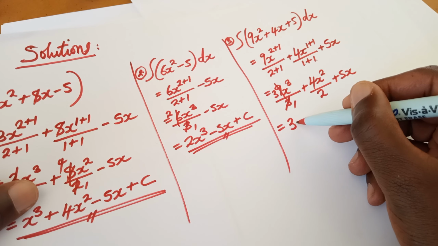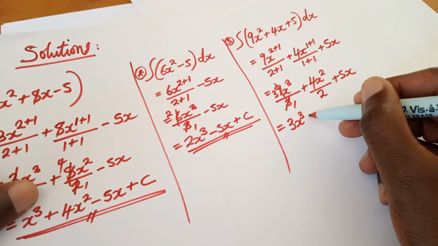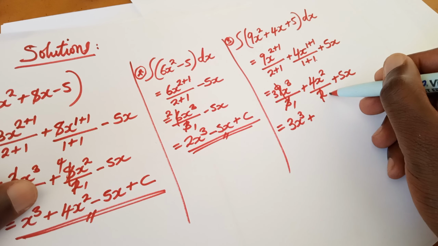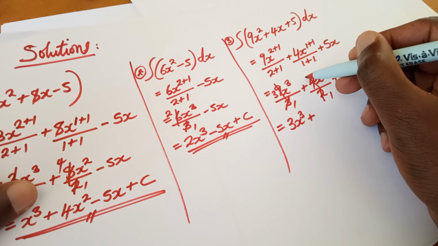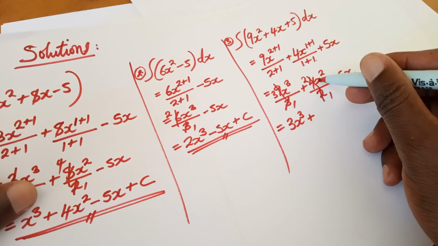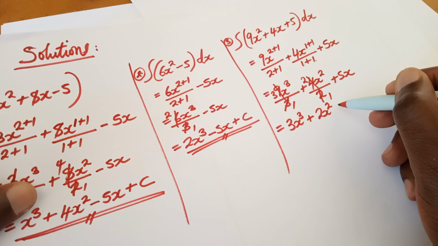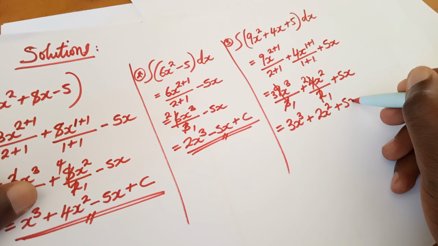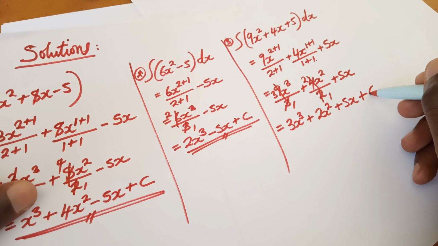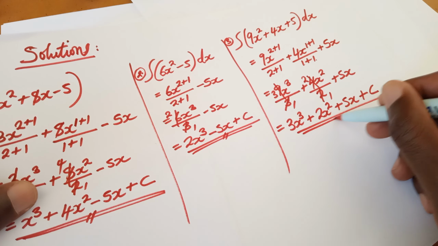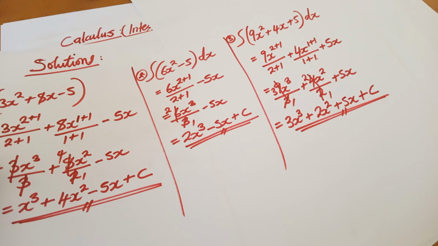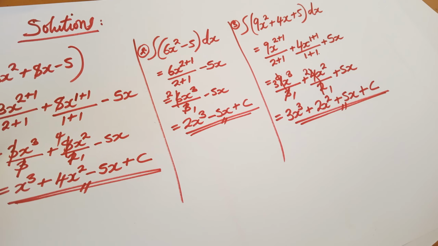So we remain with 3x to the power of 3 plus, 2 into 4 is 2, so 2x to the power of 2, plus 5x plus c, which is the constant. That is how we integrate.